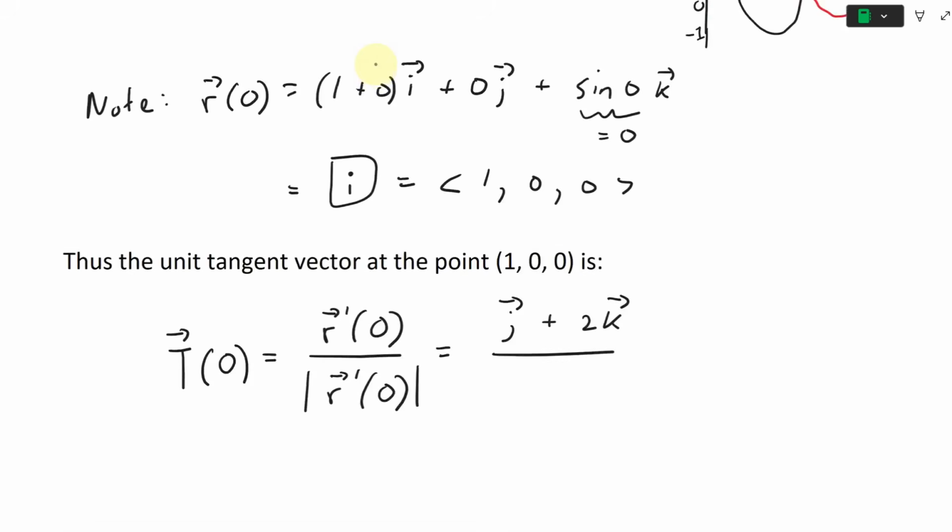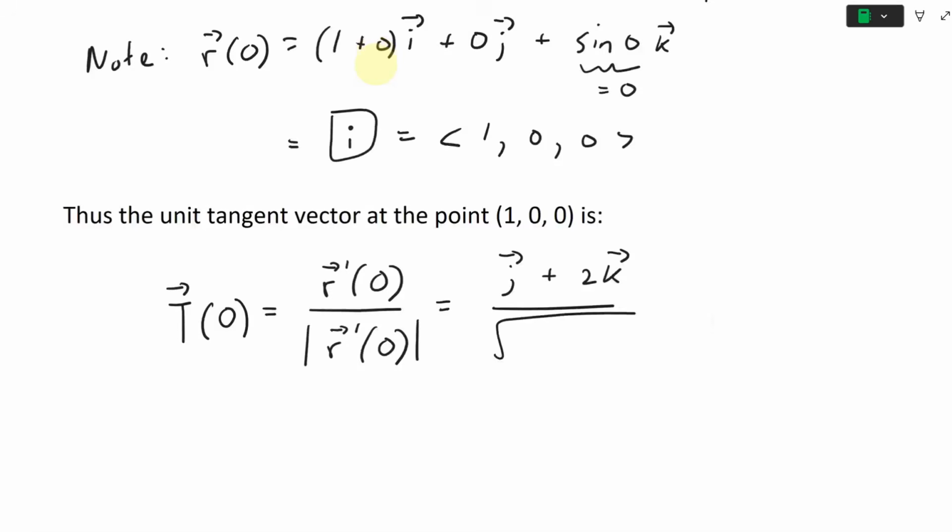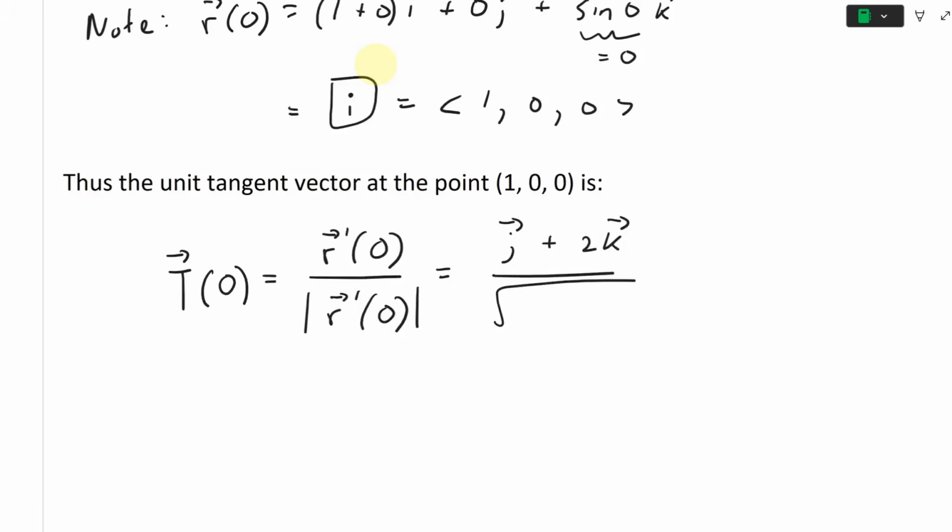And now divided by the length. Remember, the length is just going to be the square root of each component squared. Again, that's just the distance formula in 3D or 2D. I'll recall that formula soon. But basically, the x component is going to be 0, so 0 squared, plus now this is the j, that's going to be 1 squared, plus now this one is the k there, the 2 is the z component, so 2 squared.